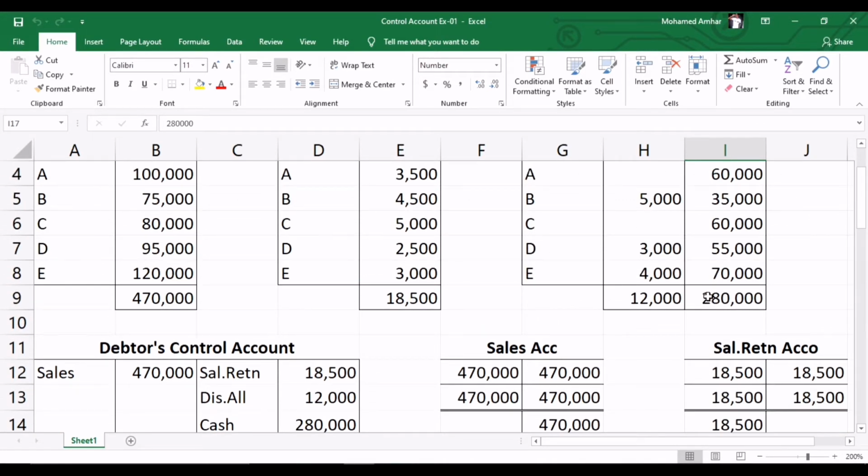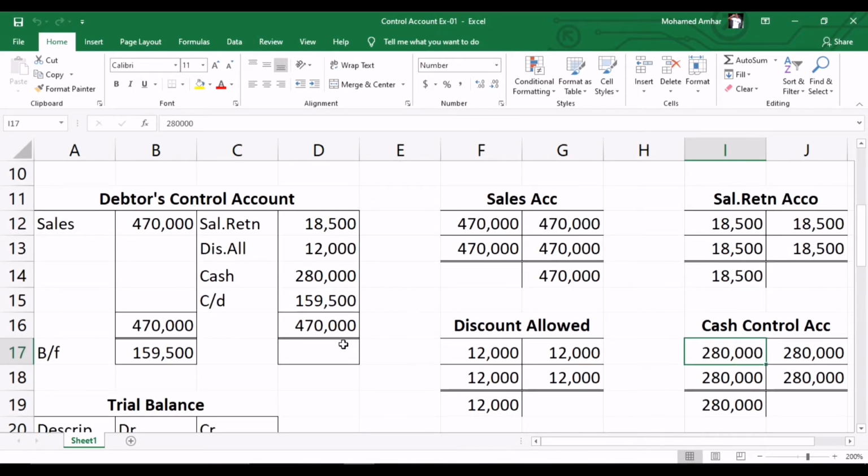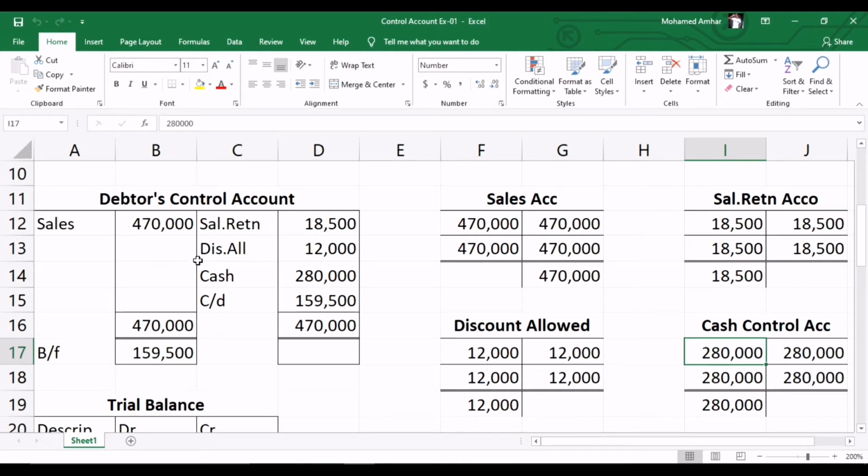Right. Now from the prime entry books we transfer to ledgers. Now you close the ledgers and get the balance brought forward amount. Here, in the debtors control account the total is 470,000.